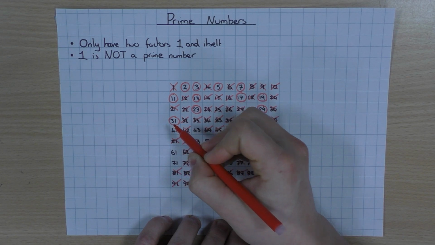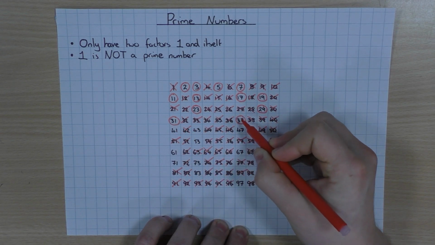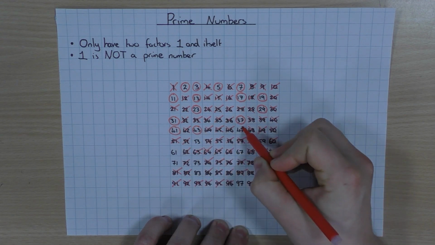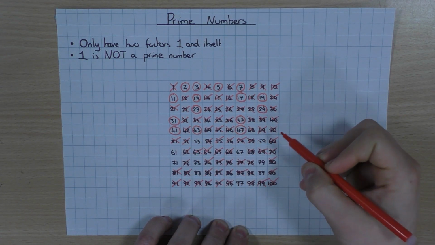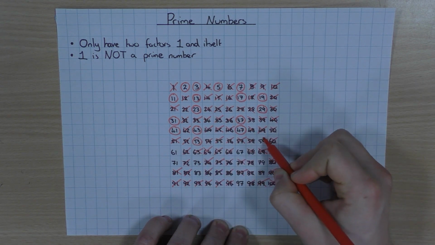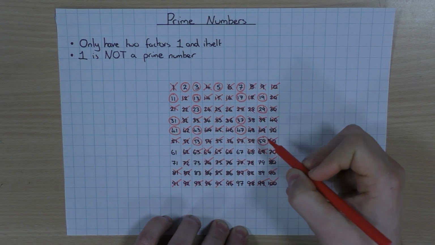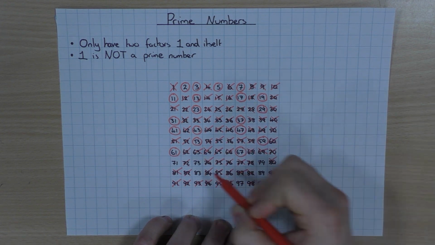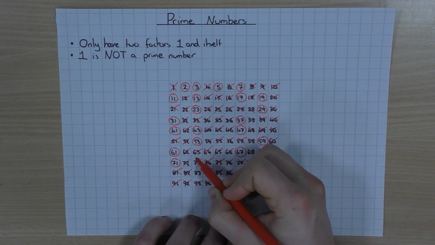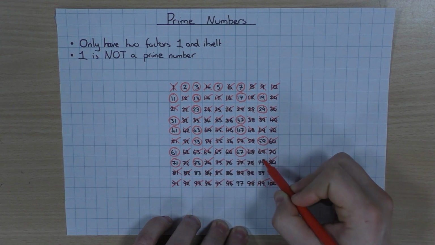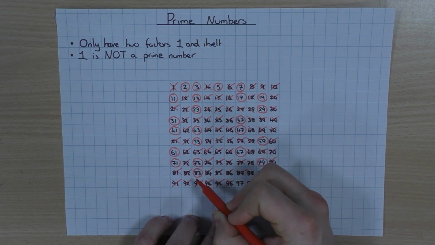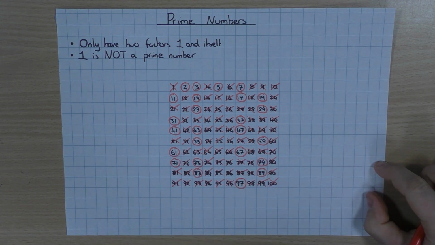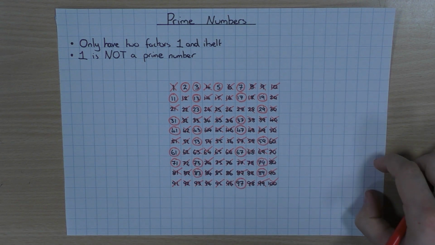Obviously we've got 31 and 37, 41, 43, and 47, 53 and 59, 61 and 67, 71, 73, 79, 83, 89 and 97. Okay, so they're all the prime numbers between 1 and 100.